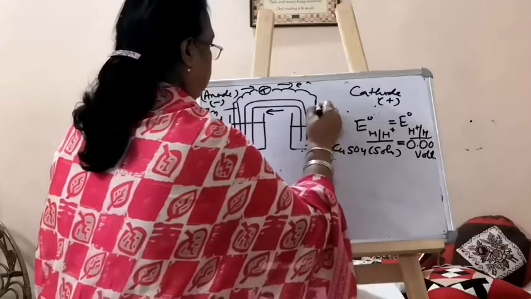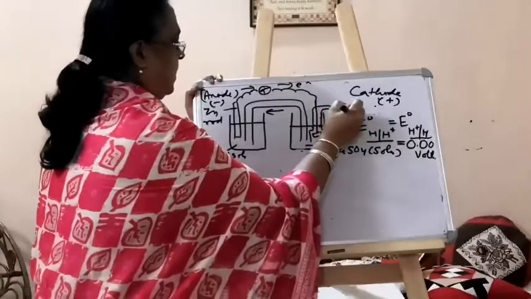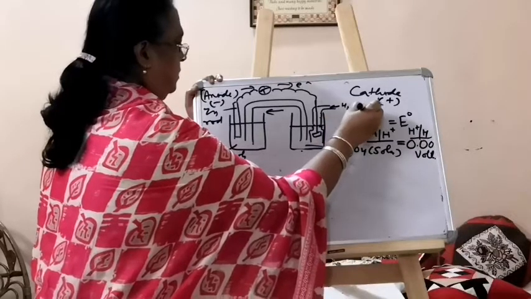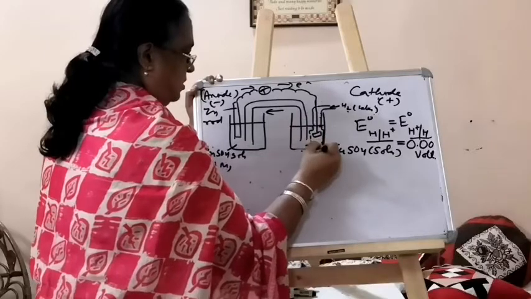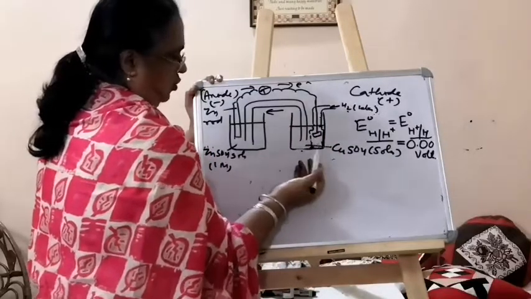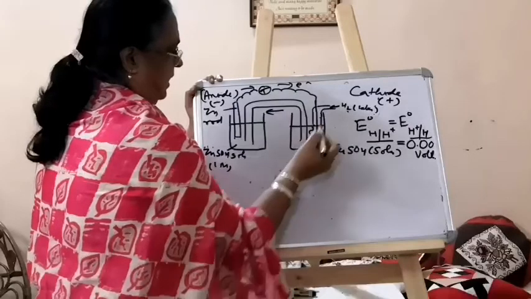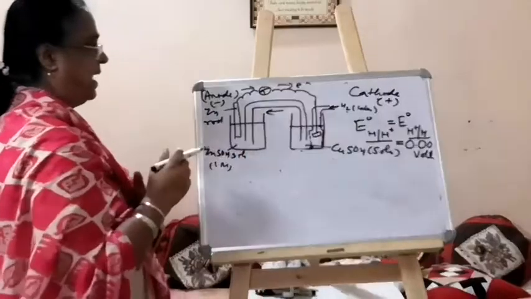Hydrogen gas is passed at 1 atmosphere, and this is perforated, rested on the base and lifted from one side so that it should not be sealed, so that the unreacted hydrogen gas can go out. So bubbles of hydrogen which are not reacting will go out.